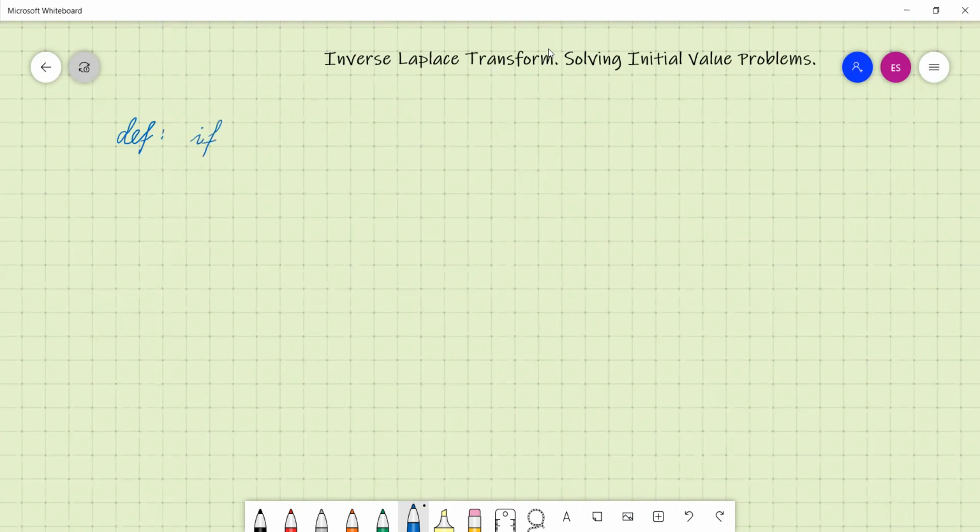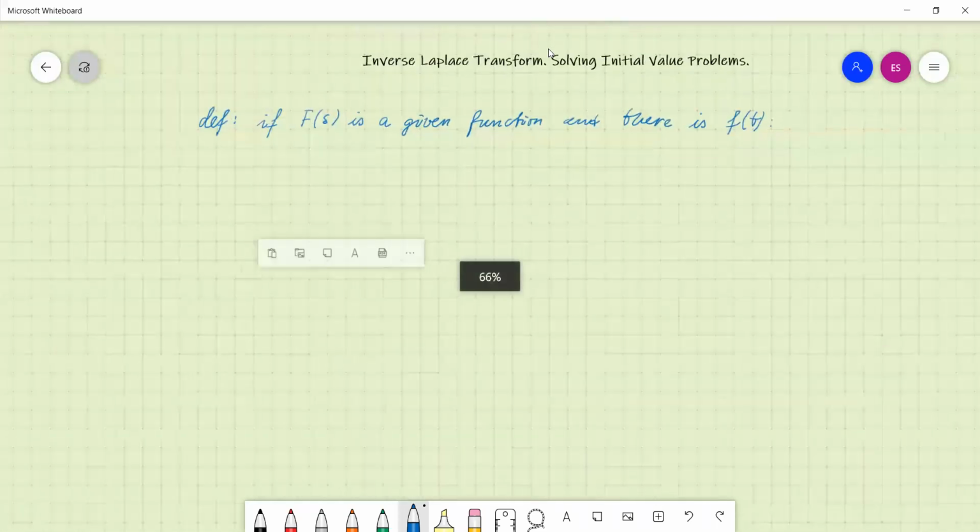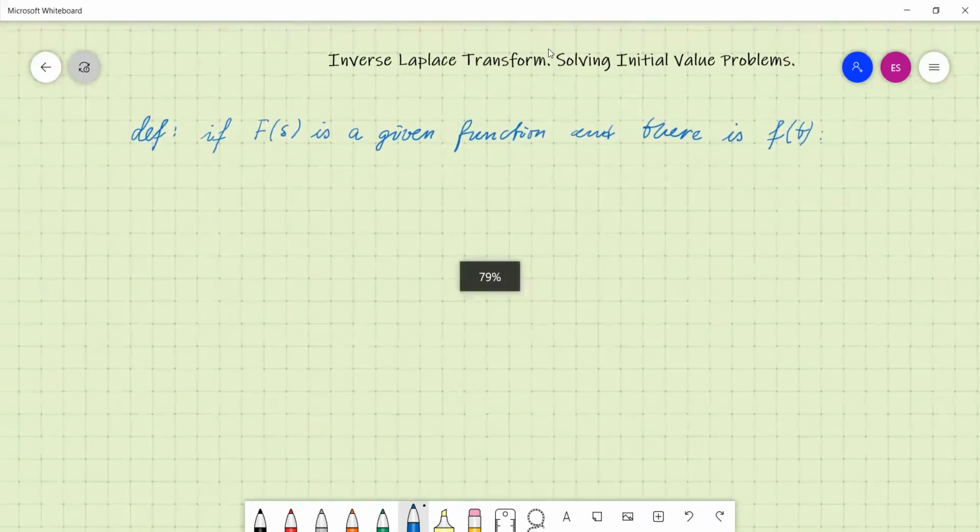If F of s is a given function and there is f of t such that Laplace transform, sorry guys, I keep touching something I'm not supposed to touch.